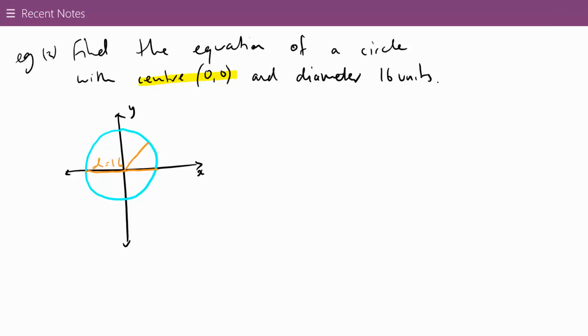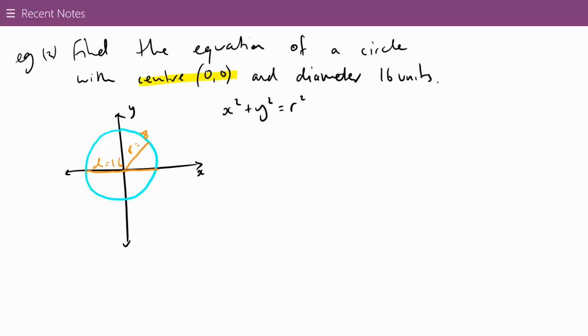So diameter equals 16. What would a radius be? Half the diameter. So the radius equals 8. That's all we need to find, because the equation of a circle with the origin as the center is in the form x squared plus y squared equals r squared.